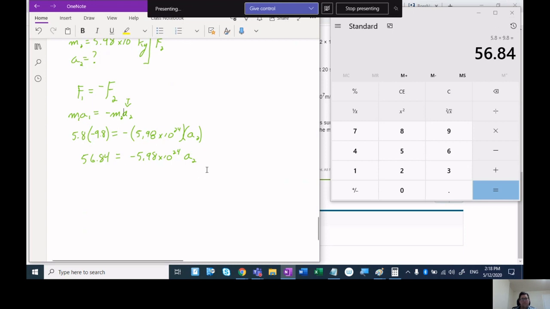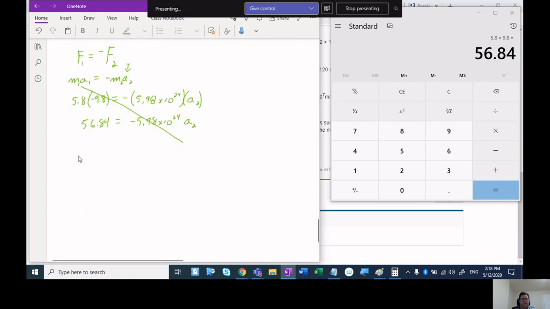So if you don't mind, I'm going to scrap that and we're going to rewrite this. M1A1, which is g, M1g is equal to minus M2A2. This is the focus.